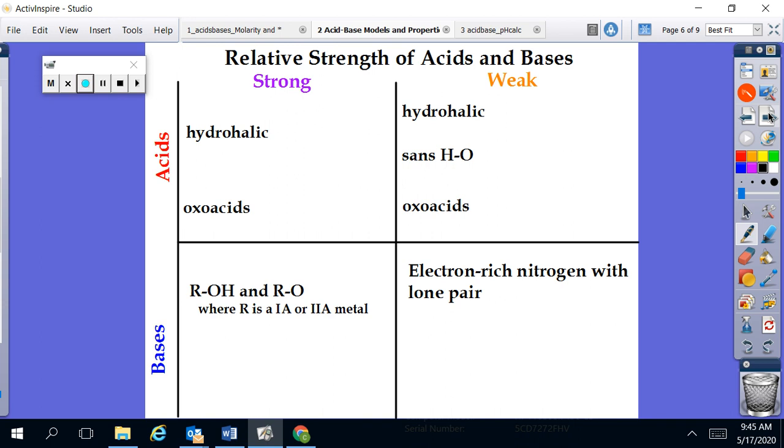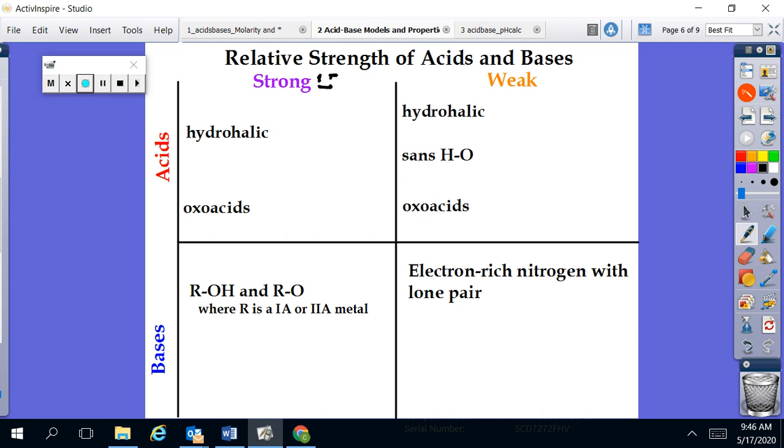The stronger the acid, the lower the pH, closer to 1, and the weaker the acid, the closer to 7 it would be. It is also a measure of how much of the acid is breaking apart into H plus. And for a base, it's a measure of how much of the base is breaking into OH.